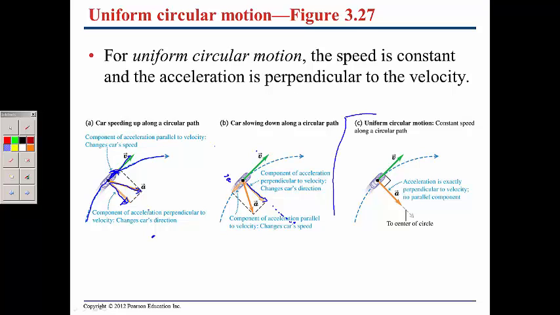What we're going to talk about for this little section right here is uniform circular motion, where the car or object keeps the same speed throughout the entire circle.